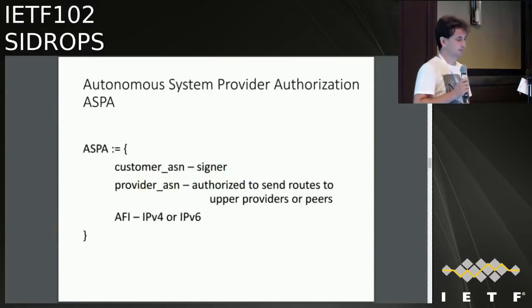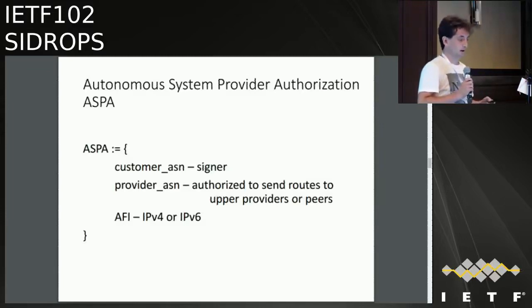To achieve this goal, we propose a new RPKI object called Autonomous System Provider Authorization. It has three fields. The first one is the customer, the record holder, who signs the object. The second is the provider. And the last one is the address family, because connectivity in different address families, especially IPv4 and IPv6, can greatly vary.